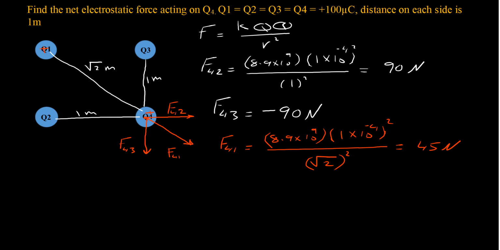Now, as you can see, the force generated on charge 4 because of 1 is making an angle with the x-axis. We can say it is 45 degrees, since the square is being split, the 90 degrees being split. That means we can analyze this vector, F41, into 2 components.